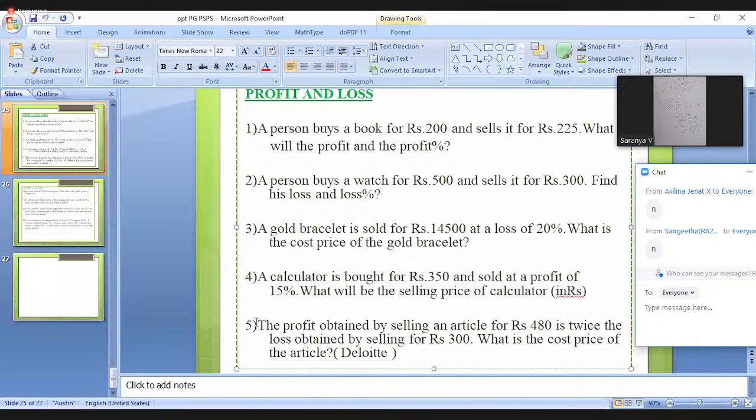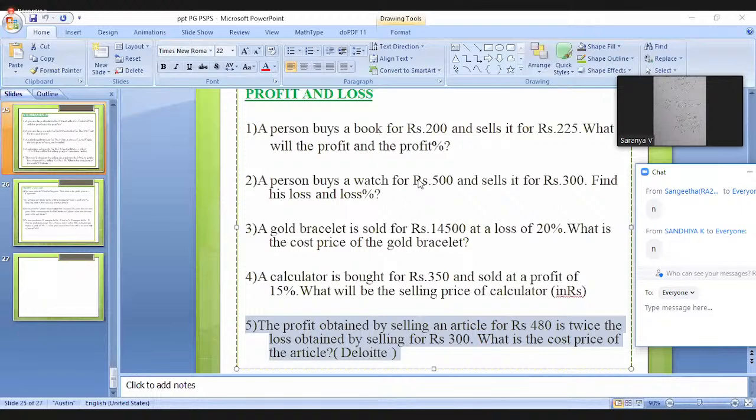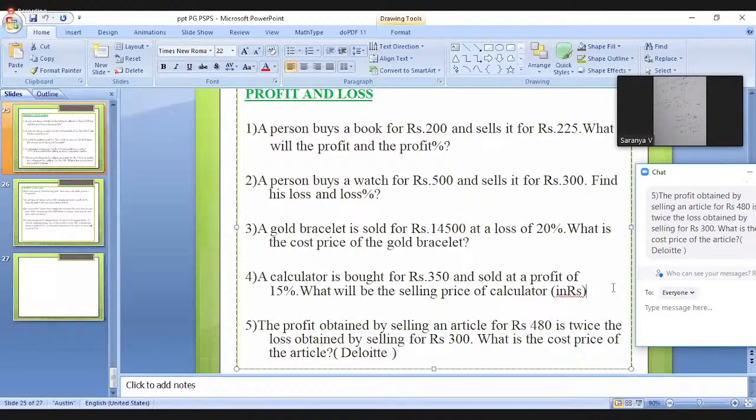Okay, last question. So fifth question, it is one of the placement questions taken from the company Deloitte, that has been given in the bracket. Read the question.